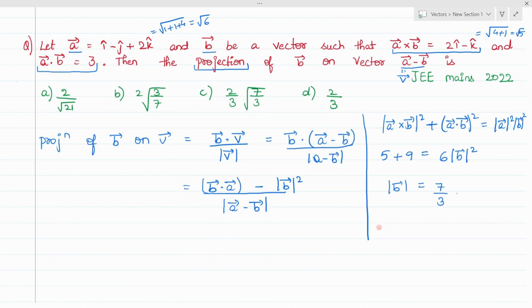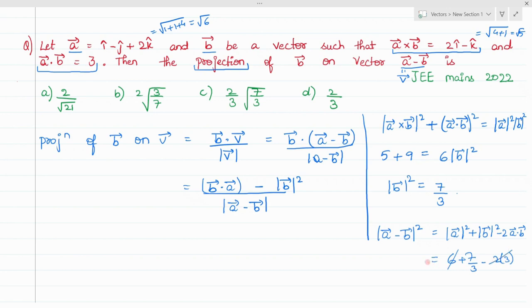Now, let's find the value of A minus B whole square. We can write it as magnitude of A square plus magnitude of B square minus 2 A dot B. So from here, this becomes 6 plus 7 by 3 minus 2 times 3, that is 6.